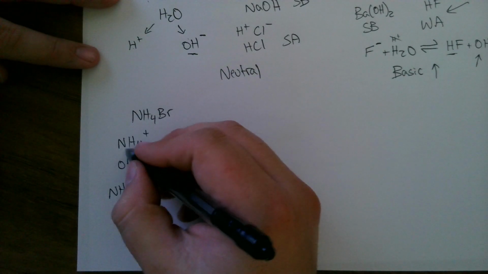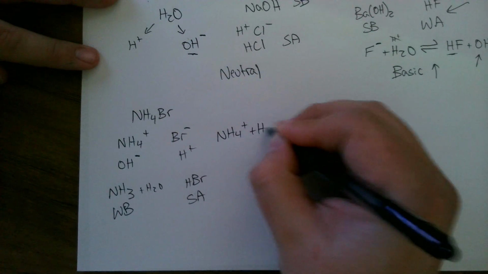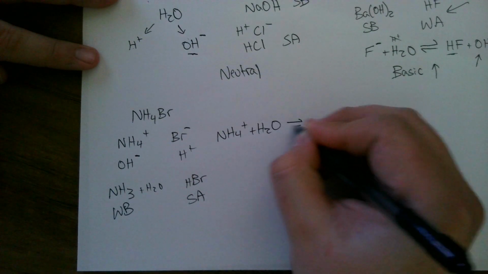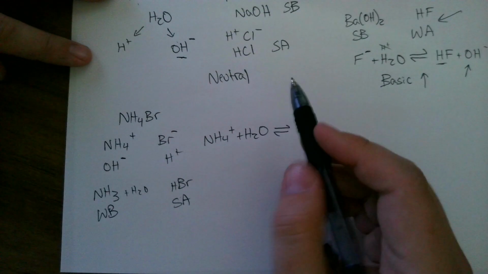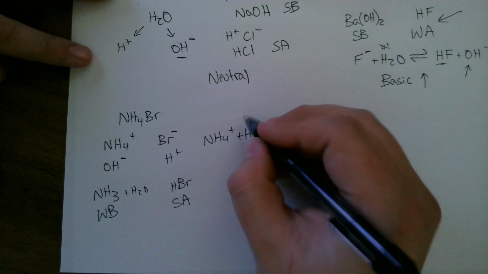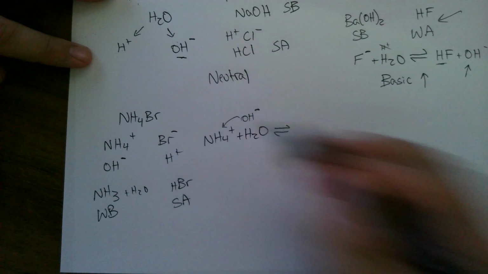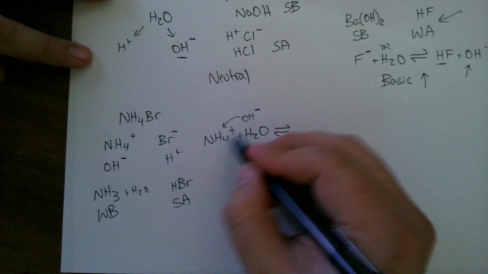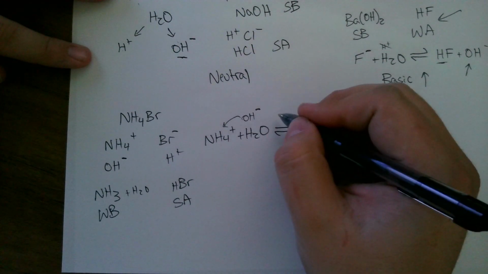All right, so our reaction here with NH4 plus and water. We want to see what happens when these two things join together. Kind of like before, this is the positive, so it's going to attract the negative part. It's going to attract the OH minus. The OH minus is actually going to take the H plus away to make more water.